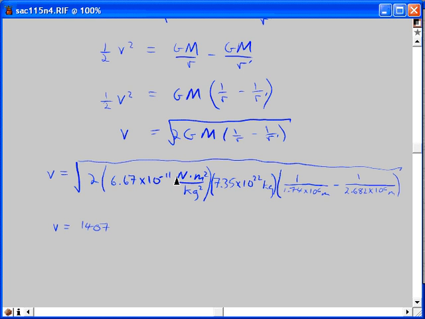Let's make sure that they do. So the newtons inside the square root, it's a kilogram meter per second squared. And let's work on the kilograms first. I got kilograms times kilograms divided by kilograms squared, so that yields just 1.